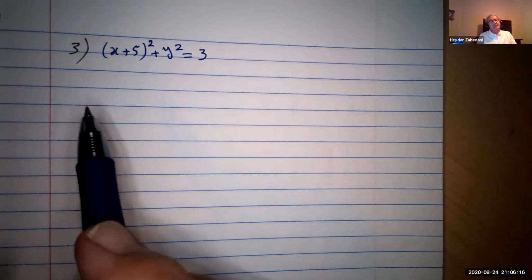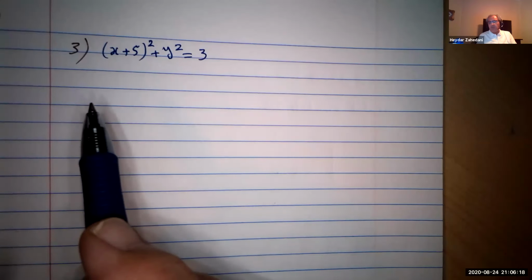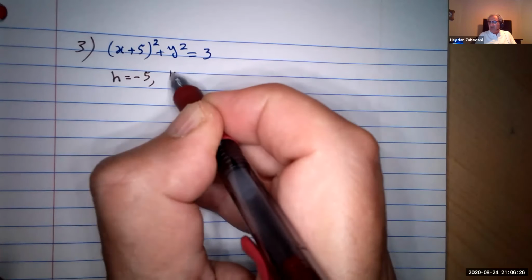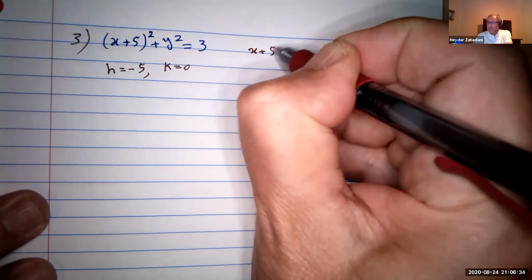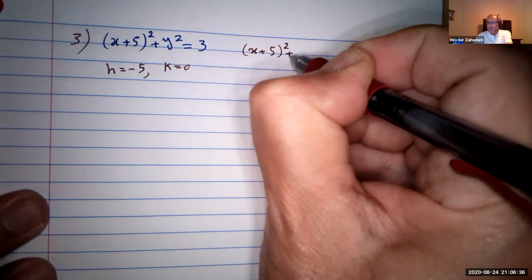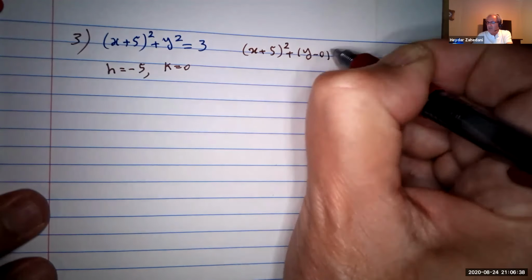This y squared is like y minus 0 squared. So we know that k is 0 this time. So in this case, h is equal to negative 5, k is equal to 0. I can write it down for you, so y minus 0 all squared.